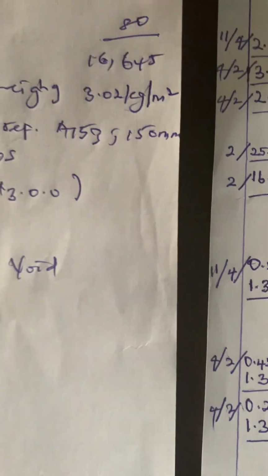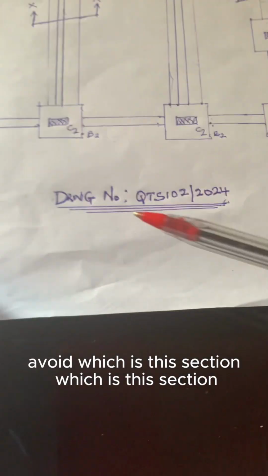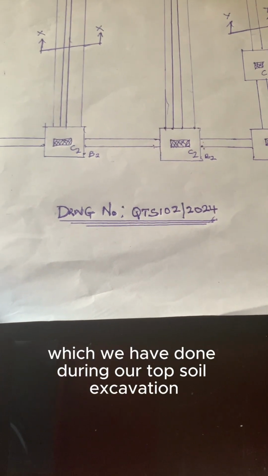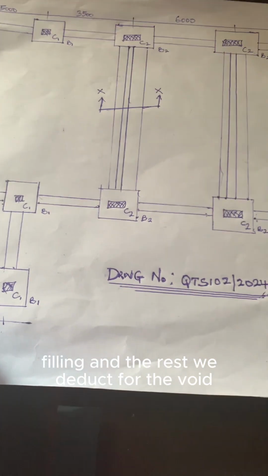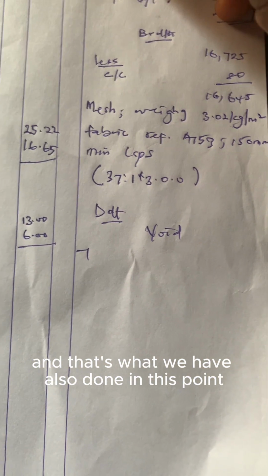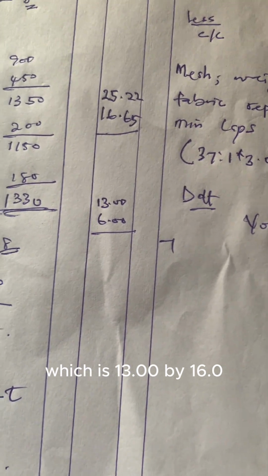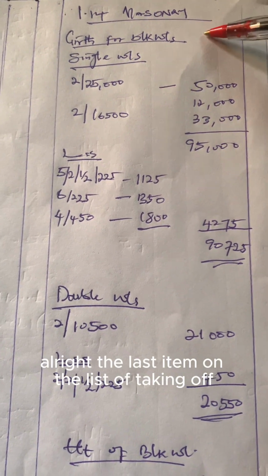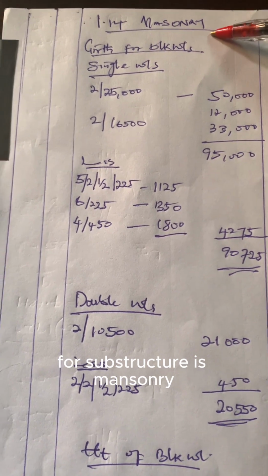For the void, which is this section, this point which we have done during our topsoil excavation, filling, and the rest, we deduct for the void. And that's what we have also done in this point, which is 13.00 by 16.0.